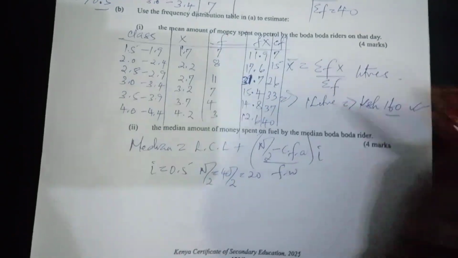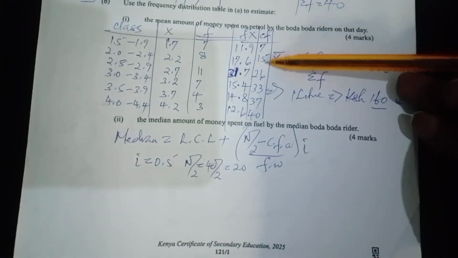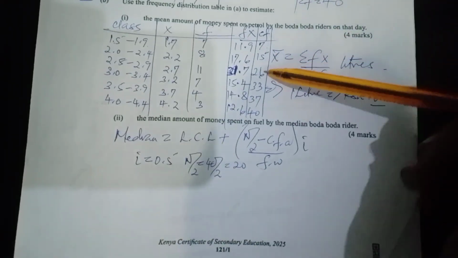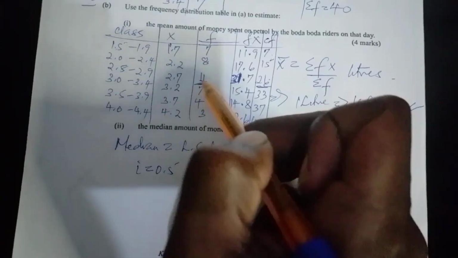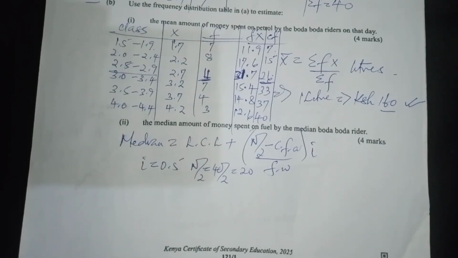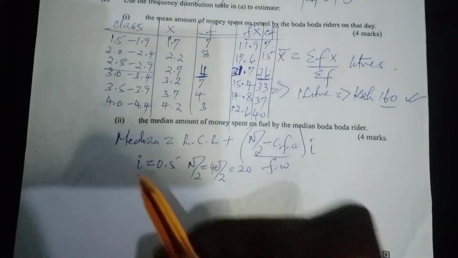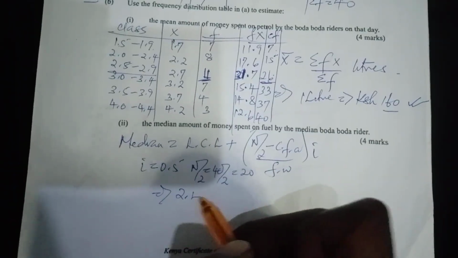Then we have 40. So where does 20 lie? 20 lies here, at 26. So the frequency within is 11, and the class is 2.5 to 2.9. So the lower class limit will be 2.45.